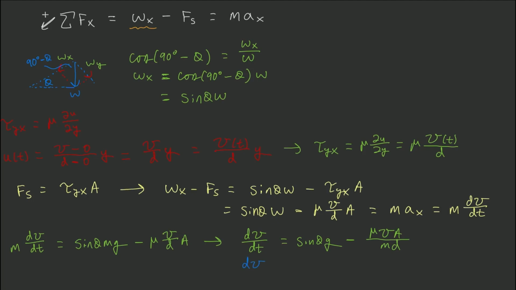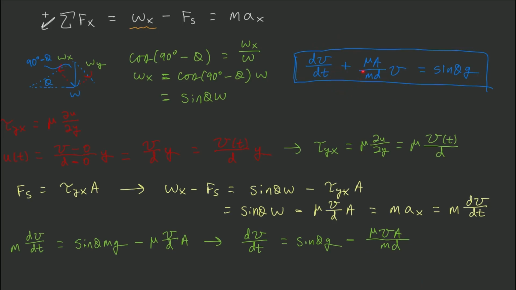So we write this as du dt, and we bring this over to the other side, so we have plus mu A over m d u equals sine theta g. Okay, so this is our final differential equation for the velocity of the block, big U, of mass m as it moves down an inclined plane of angle theta over an oil slick of thickness d and viscosity mu.